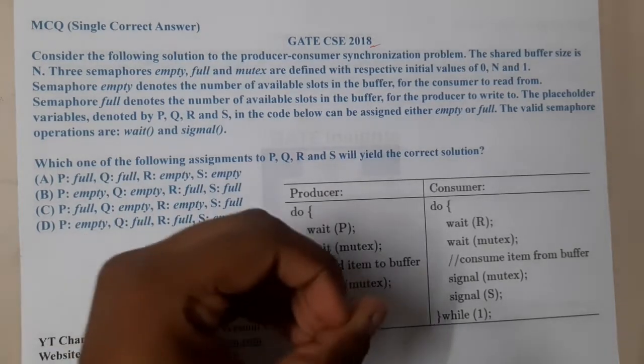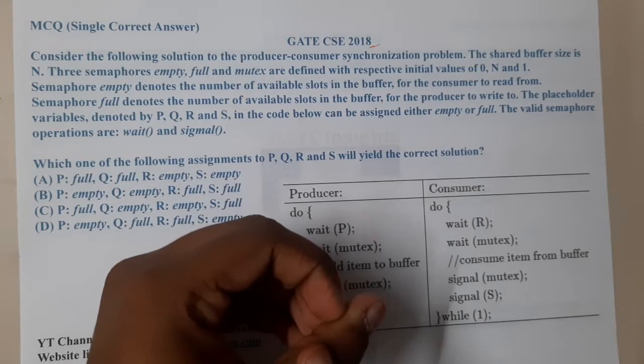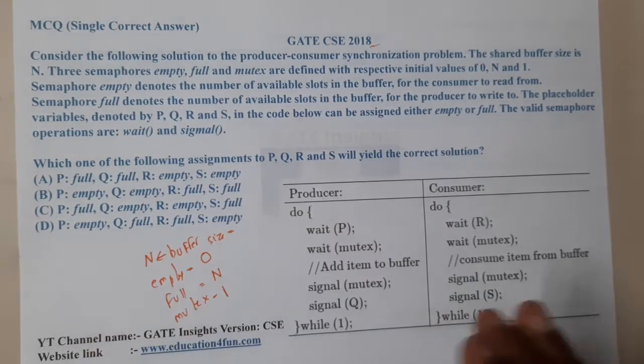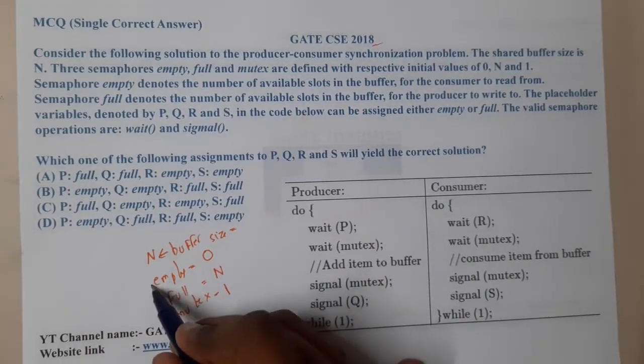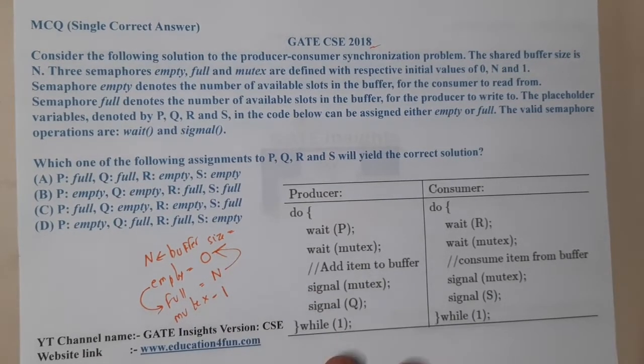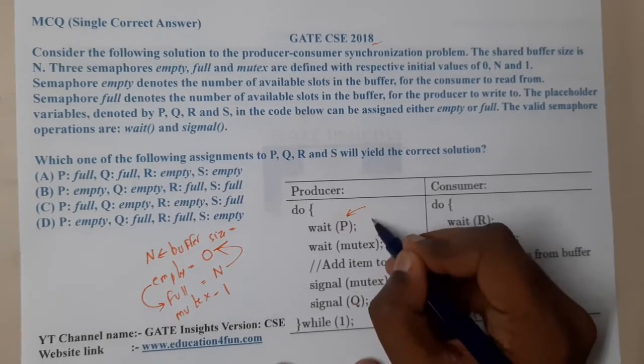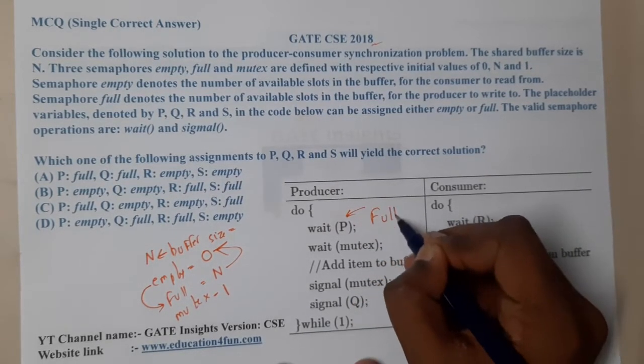If the empty slots are 0, it means there is no space. But here, instead of using empty, they used that concept for full, and for full they used the concept of empty. With that understanding, what should be here? It is nothing but a wait of full.